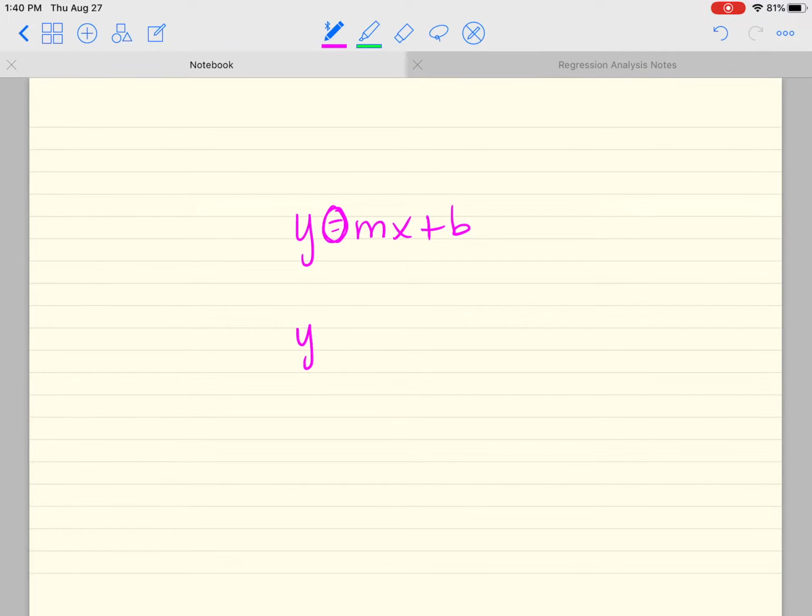So in place of the equal sign, we're going to put the tilde, is what that's called, and then we still want m, x, and plus b. So that's what our equation will basically look like, except when we add our table in Desmos, it's going to call this x1 and y1, and we want to make sure that our model is connected to this data, so we're going to call this x1 and y1.